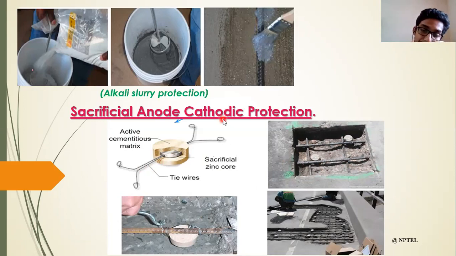Prevention is when we install these things at a very early stage, at the time of construction itself, so we are preventing the bars from corroding. And protection means once the steel starts corroding, if you do something at that time, it happens as a protection method. Okay.